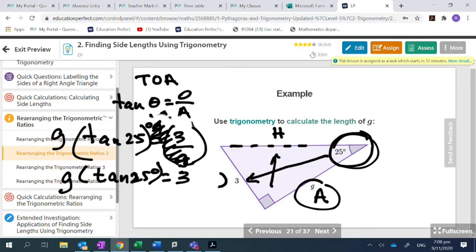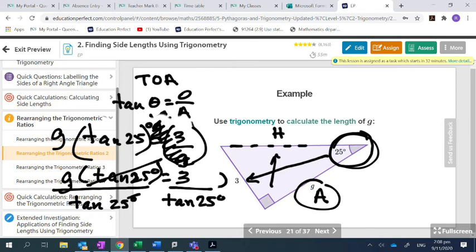Now, is my G by itself? No. What's over there with it? Tangent of 25 degrees. What operation is connecting G and tangent? Multiplication. And what is the opposite of multiply? So I'm going to divide by the tangent of 25 degrees, and whatever I do to one side, I do to the other.